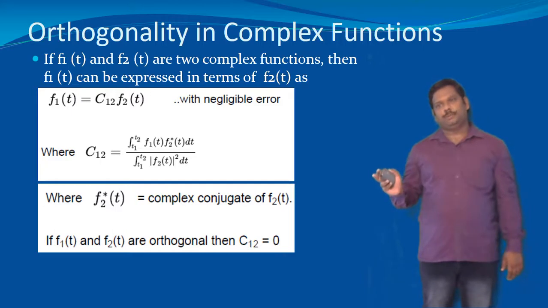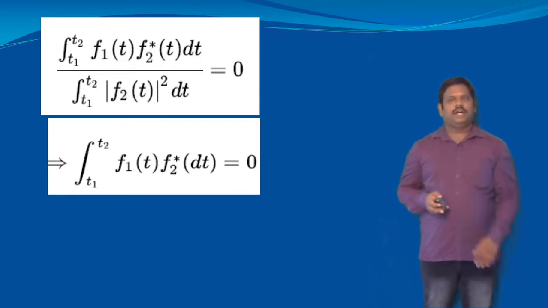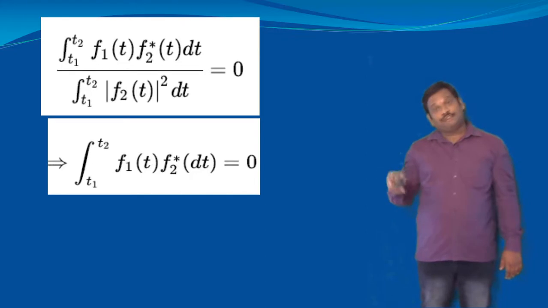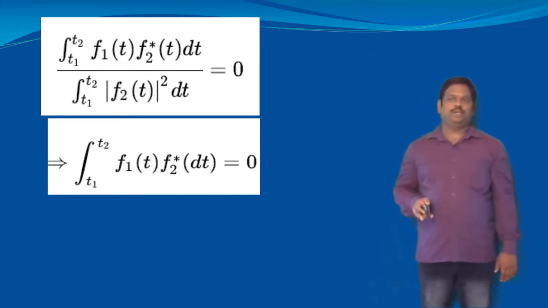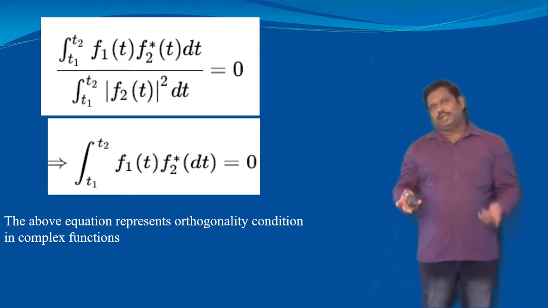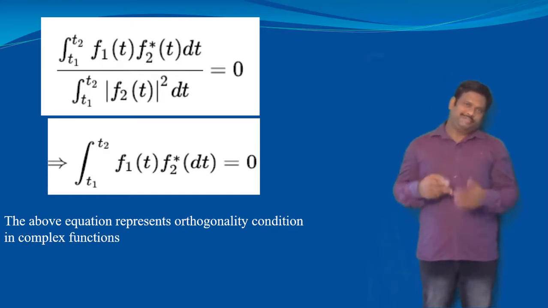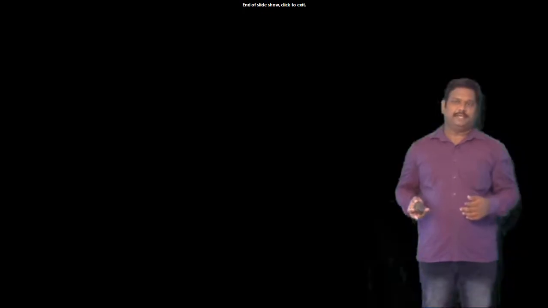Therefore, the denominator term will be gone and it will be equal to the numerator term. That numerator term will be nothing but the integral of t1 to t2 of f1 of t, f2 star of t dt equal to 0. The above equation represents the orthogonality condition in complex functions. If it is normal functions, it is f1 of t, f2 of t. If it is complex functions, it is f1 of t and f2 star of t dt, like that.